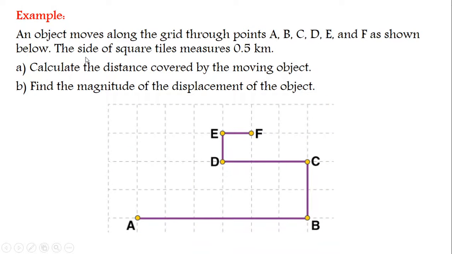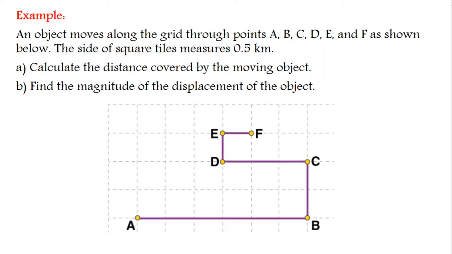The side of the square tiles measures 0.5 kilometer. All the sides of the tiles measure 0.5 kilometer.